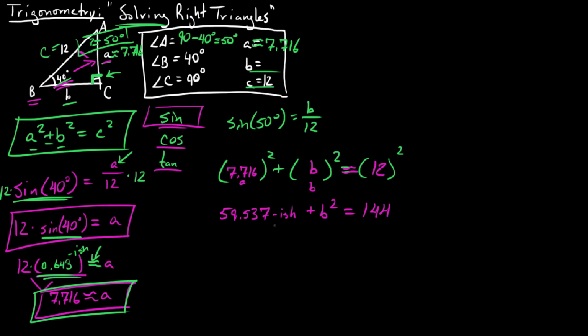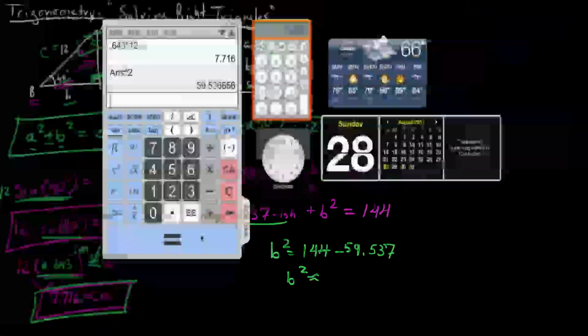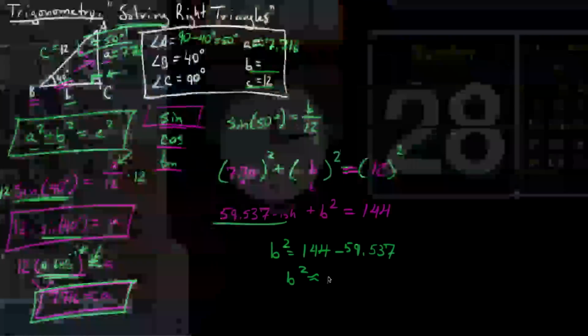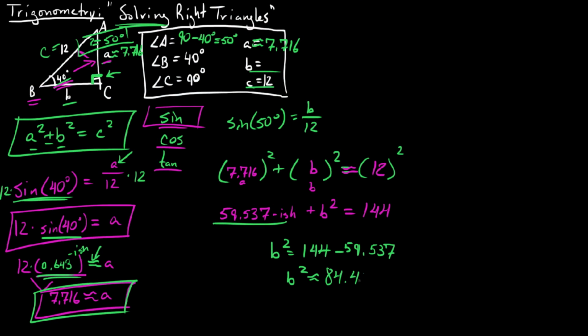Now what we've got left to do is subtract this value from both sides. So b squared would be equal to 144 minus 59.537-ish. Let's do this calculation here: 144 minus 59.537 is a positive 84.463.